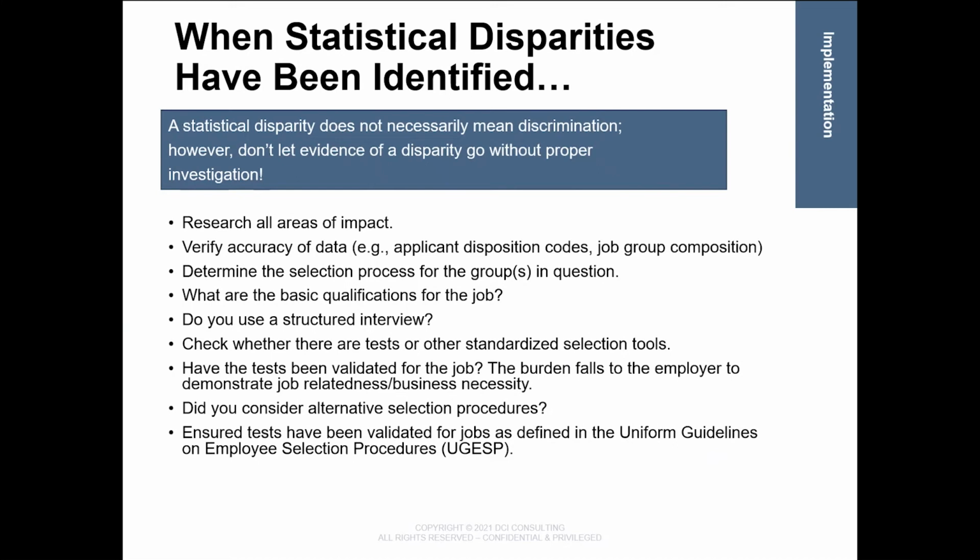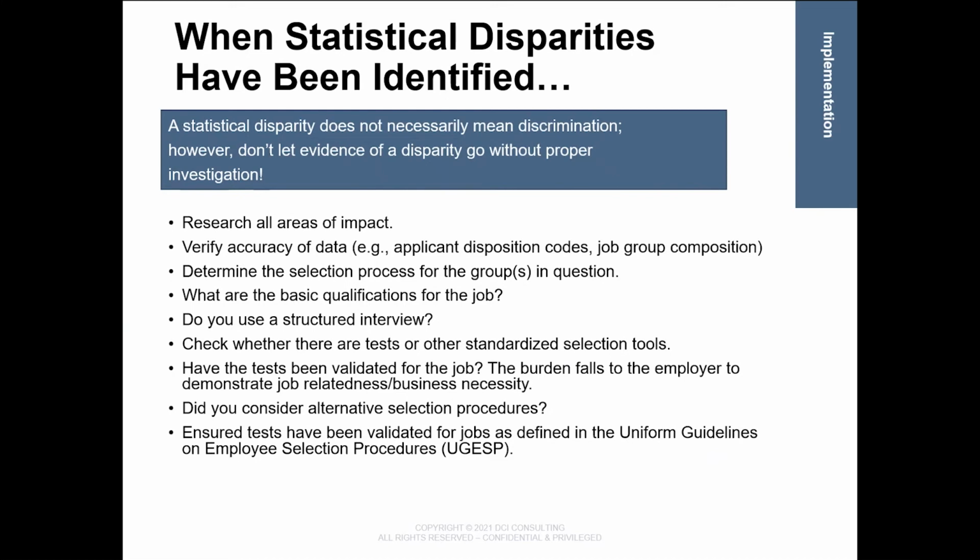Next, think about the selection process for the groups in question. For example, how are employees being selected for promotion? When it comes to the hiring process, what are the basic qualifications for the jobs in question? Is there an opportunity to structure the interview process?